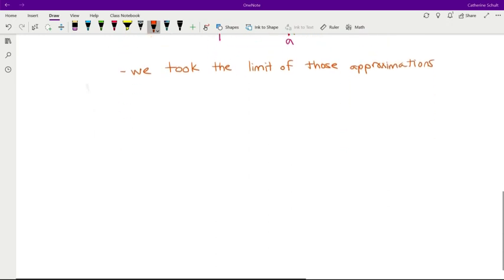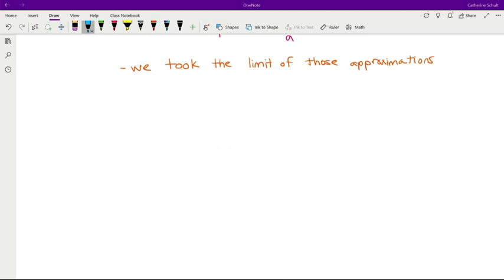All right, so that process that we used for the tangent line, we're going to now use for the area under a curve. So what we're going to do is approximate the area under the curve using rectangles, because we know how to find the area of rectangles.